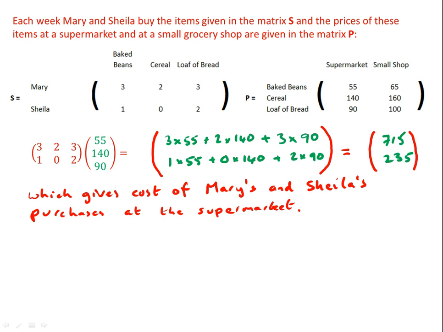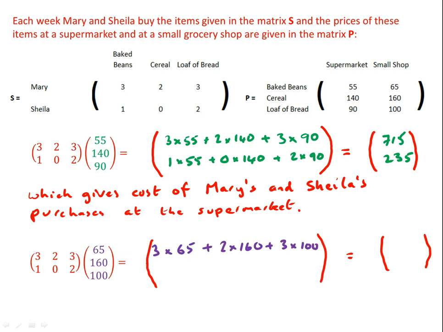We can do an entirely similar thing to work out what the prices of Mary's purchases and Sheila's purchases would be if purchases were made at the shop. So for Mary, we've got the calculation 3 times 65 plus 2 times 160 plus 3 times 100 to work out, and that gives me 815. Whereas for Sheila, the calculation is 1 times 65 plus 0 times 160 plus 2 times 100, which gives me 265.